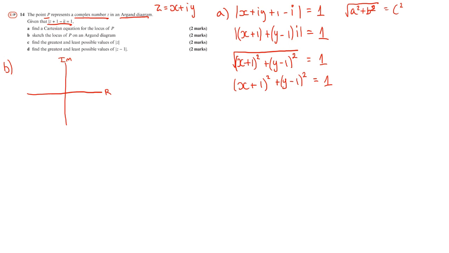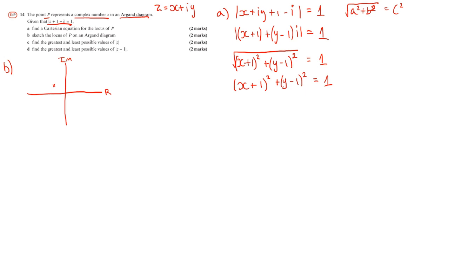We can say that the center is going to be minus 1, and then positive 1, because we take the negatives of these two values, and that's going to give us our center.